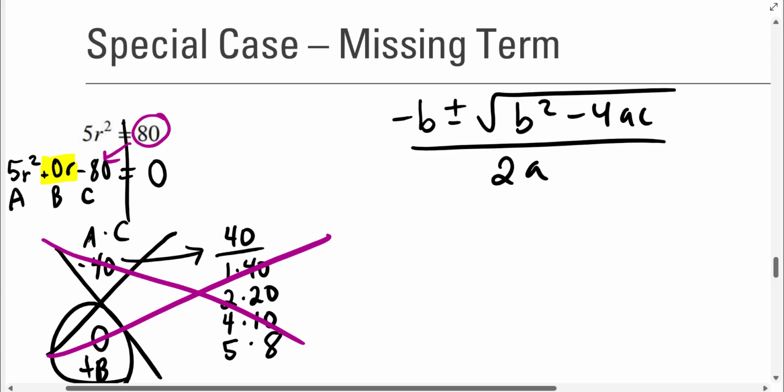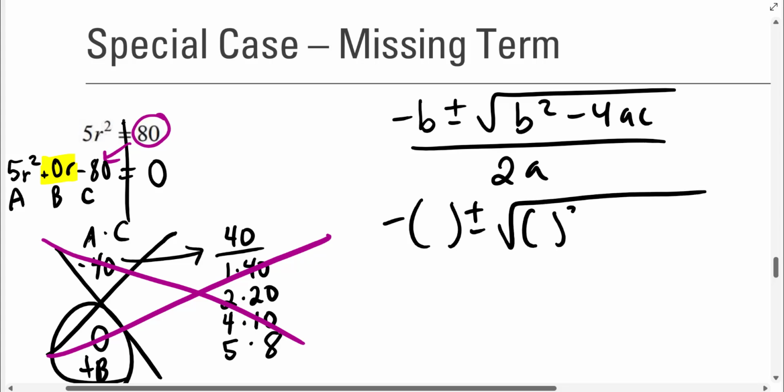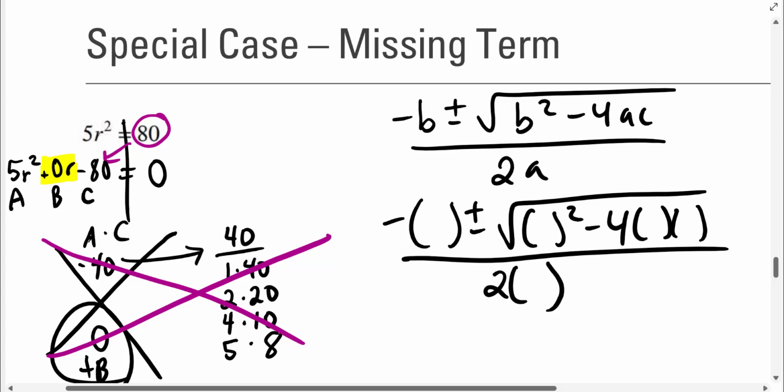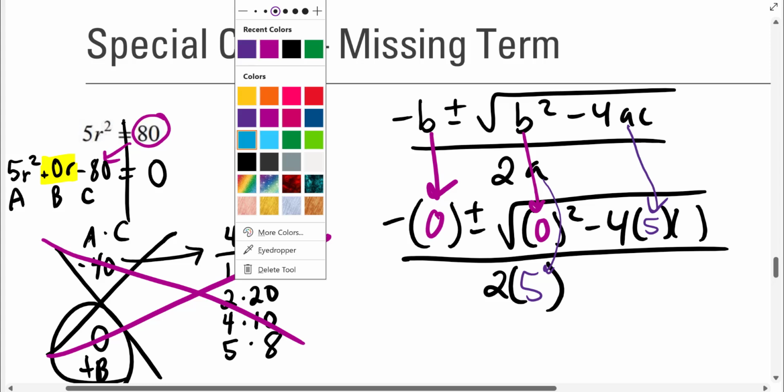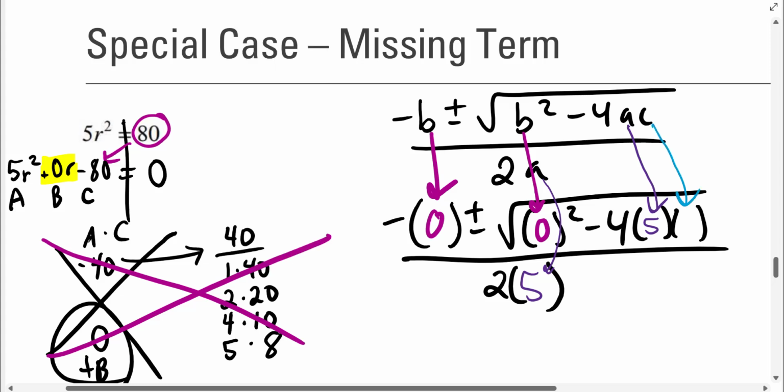Now, just because we have 0 for B does not mean we need to be afraid to use it. So remember, put parentheses for each variable. And then we're going to substitute. B is 0, A is 5, and our last case is C is negative 80.